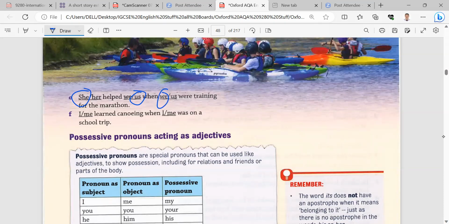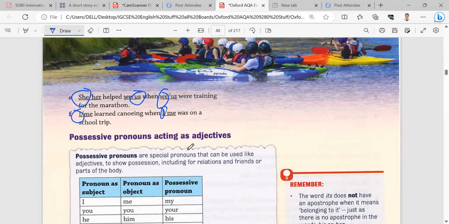F, yalla Akram. I learned canoeing when I was on my school trip. That's it. Clear, guys? Yeah. This is very easy.